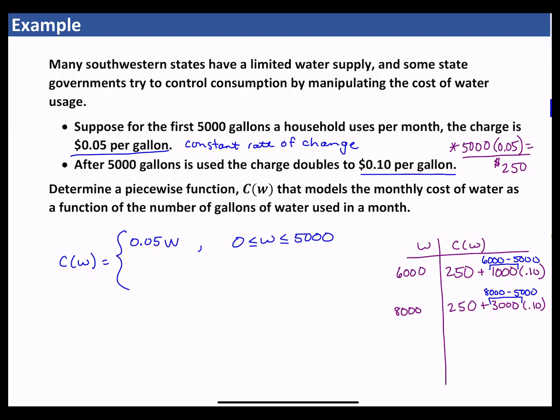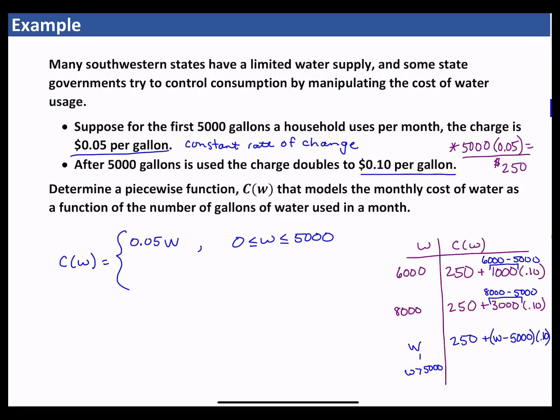So in general, if a family uses W gallons of water, where W is greater than 5,000, we're taking the $250 for the first 5,000 gallons, and then we're adding the excess, what was beyond 5,000, and we find that by W minus 5,000 times the 10 cents.